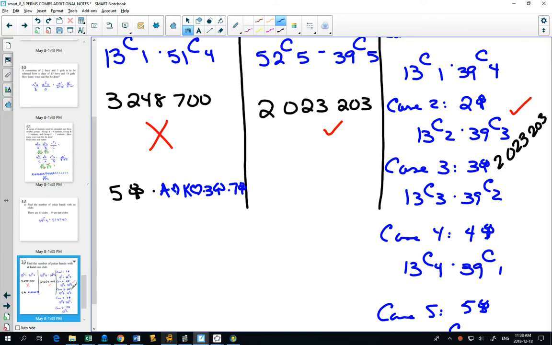Why is this method bad? Well, if I did it again, what's another club I could have started with? Oh, the 7. And then I mix the other 12 cards back in, and I could have picked the Ace of Diamonds, the King of Hearts, the 3 of Spades, and the 5 of Clubs. What's the problem?